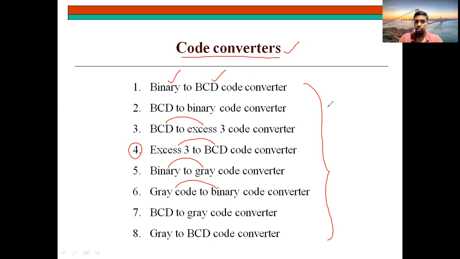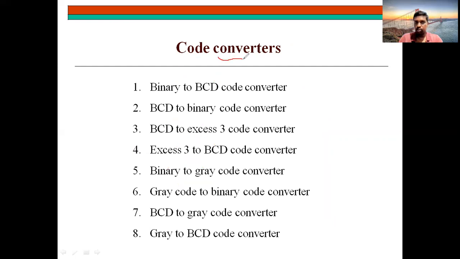That means the circuit will do the operation. What is the operation? Conversion of codes. Now we need to design a circuit that should perform the conversion of one code to other code. That is your code converter. The circuit which performs the conversion operation of one code to other is called a code converter.